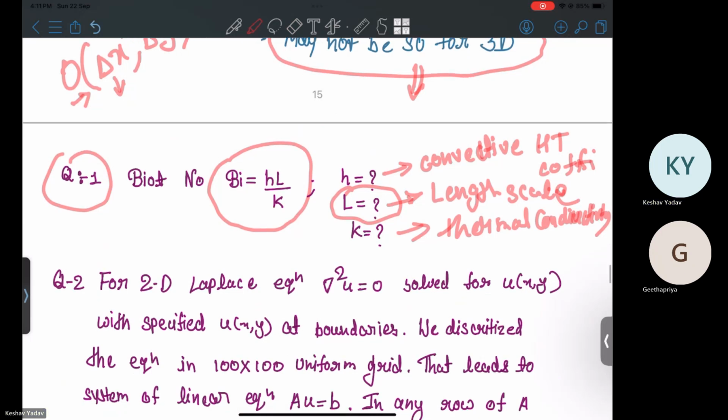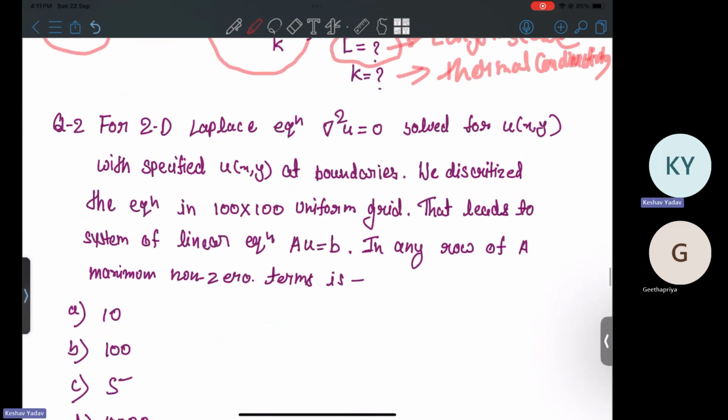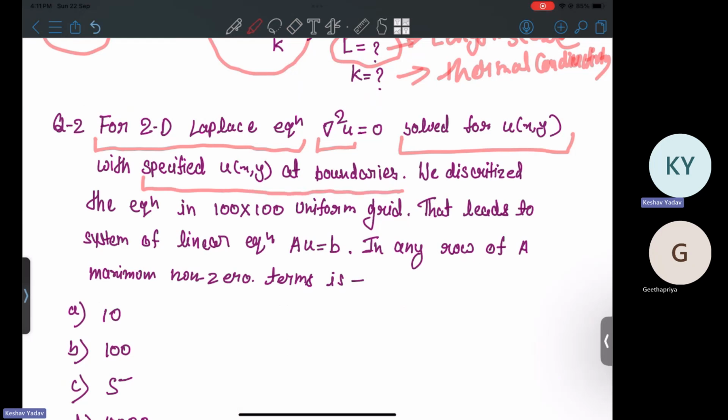Now we are moving toward the second problem. For the 2D Laplace equation, del squared u, the Laplacian of u, equal to 0, we are solving for u(x, y) with a specified boundary condition at the boundary. We discretize this equation using a 100 by 100 uniform grid.